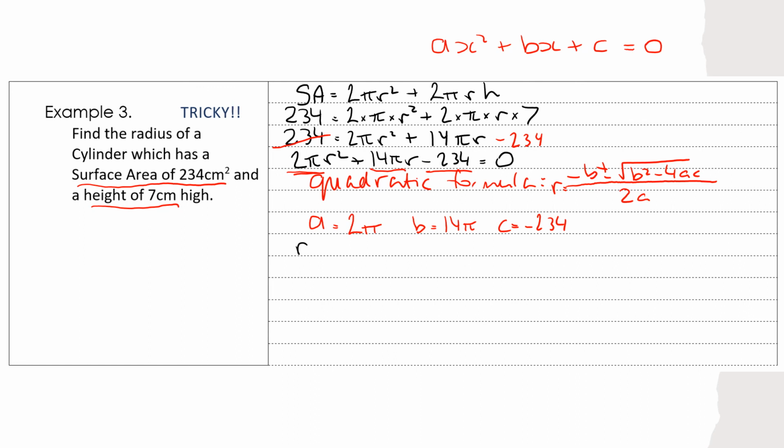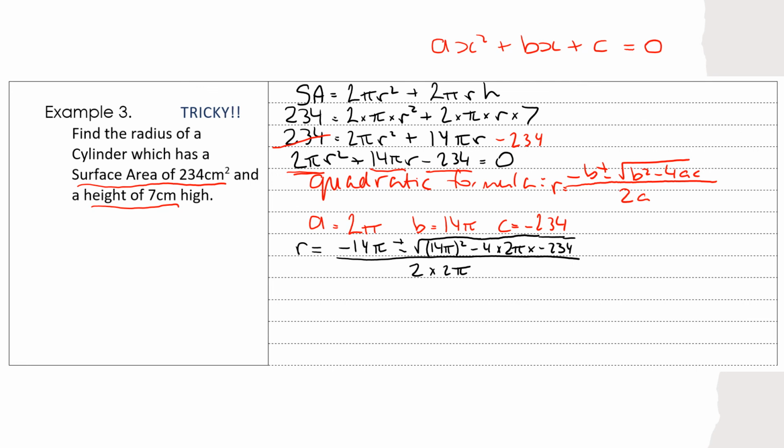So we're going to calculate r by doing negative b, so negative 14 pi, plus or minus the square root of b squared, so 14 pi all squared, minus 4 times a, so times 2 pi times c, which is negative 234, over 2a, which is 2 lots of 2 pi.